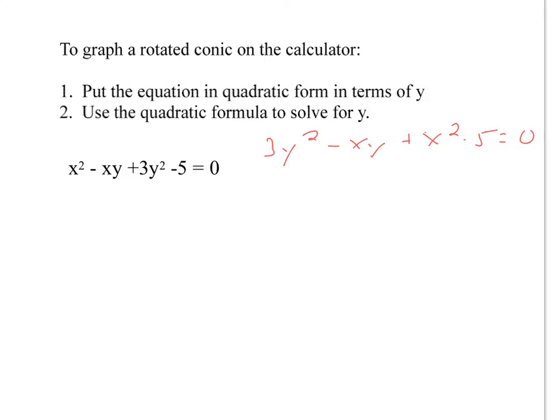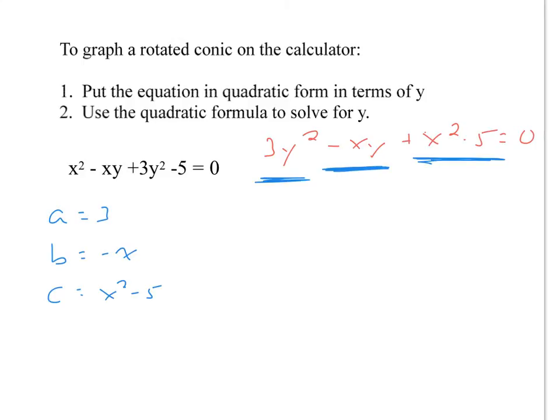So now, looking at the quadratic form in terms of y, the y squared term is my a term, so a is equal to 3. My y term is -xy, so b is equal to -x. And c, my non-y terms, is x squared minus 5. So we're going to throw those into our quadratic formula.